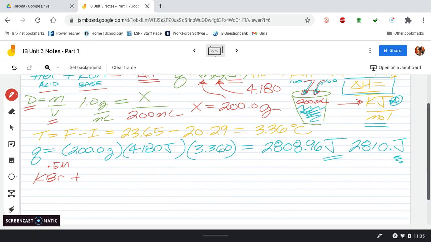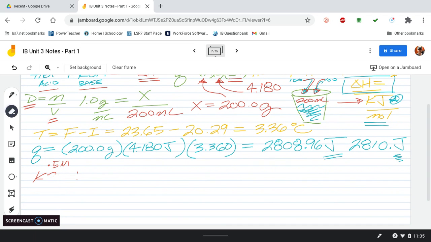It's HBr and KOH. Sorry, my mistake. I was looking at the products. Try that again. HBr plus KOH are going to give us our KBr plus our water.